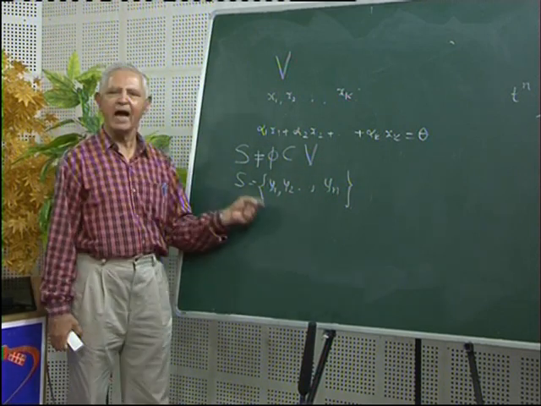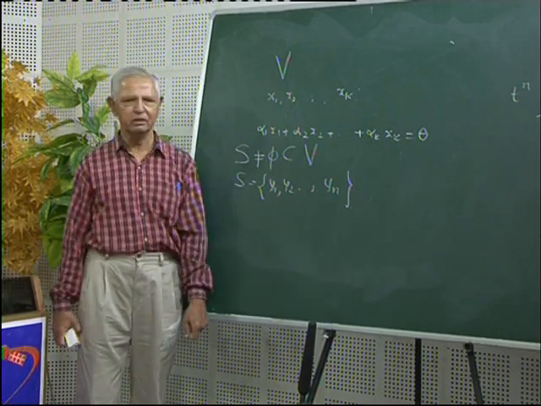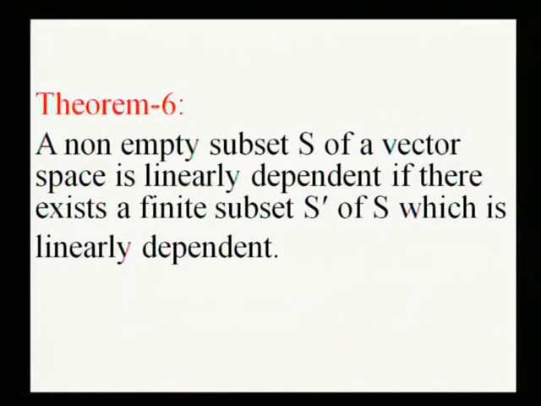If S is any arbitrary set, then we have a theorem: a non-empty subset S of a vector space is linearly dependent if there exists a finite subset S dash of S which is linearly dependent.